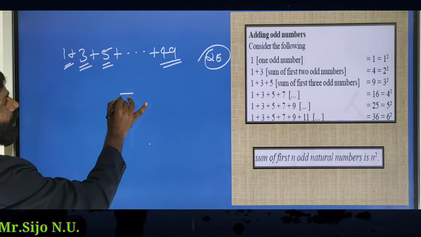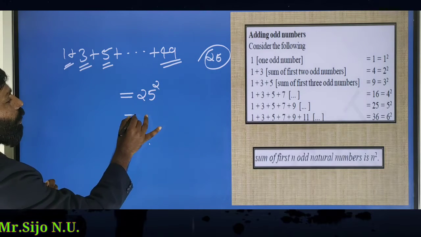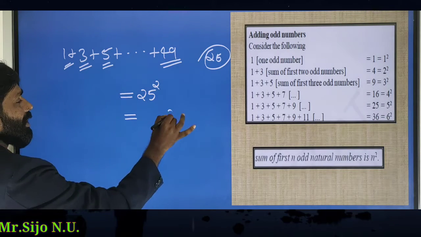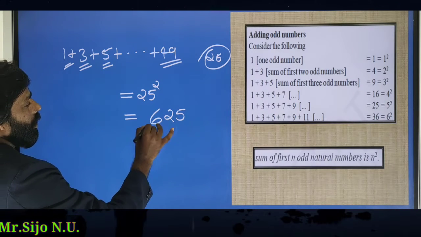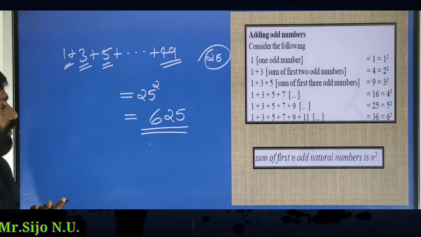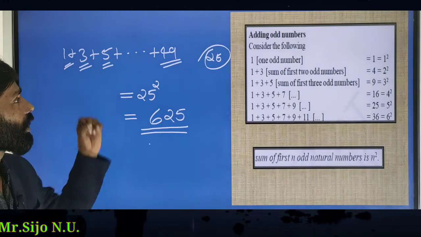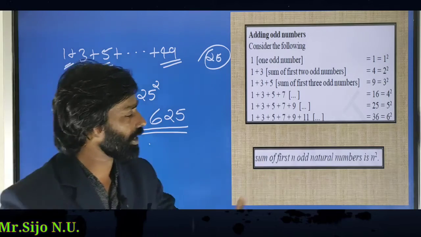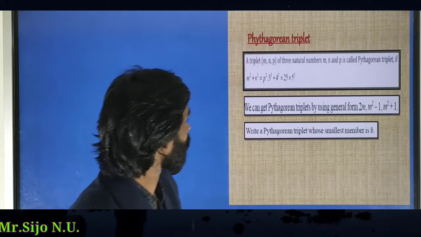So its result should be 25 square. How will we find that? That is 625. So this way we can easily find the sum of the first n odd numbers. That is what this equation says. Hope you understood.